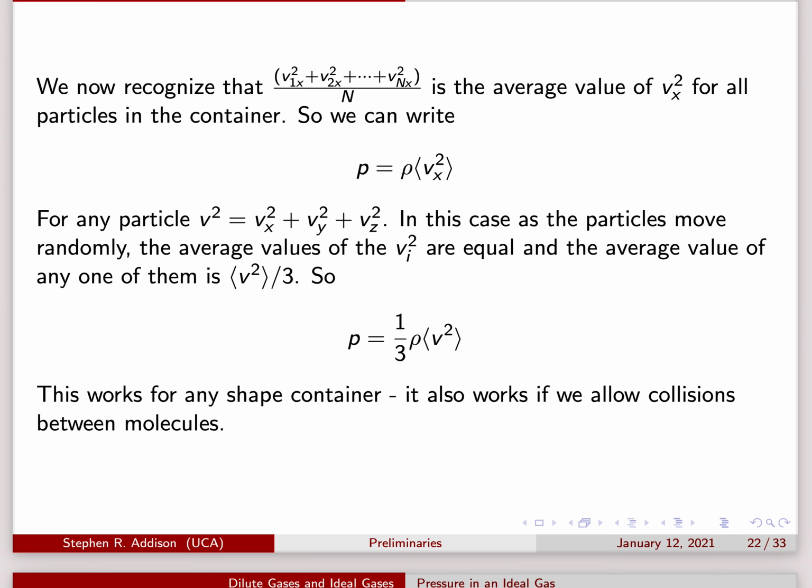So basically that shows us how to calculate the pressure on the gas based on the velocity of the molecules in the gas.